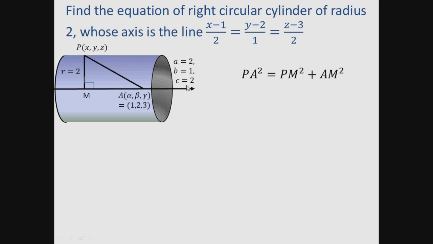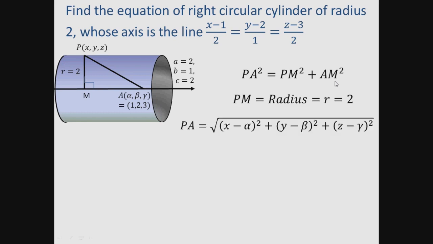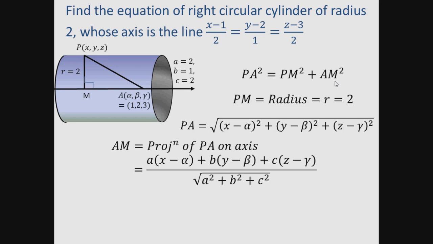This PMA is a right angle triangle, and by using Pythagoras theorem PA square equals PM square plus AM square. PM is the radius, given as 2. PA by the distance formula is the square root of (x minus alpha) square plus (y minus beta) square plus (z minus gamma) square, and AM by the projection formula is a into (x minus alpha) plus b into (y minus beta) plus c into (z minus gamma), divided by the square root of a square plus b square plus c square.